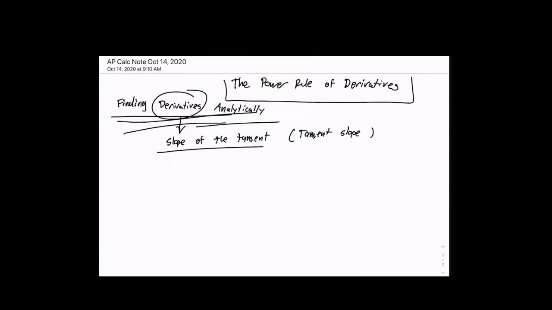So a lot of what we're doing here is about recognizing functions. I'm going to use FTN for function in the future. Different functions require different rules.